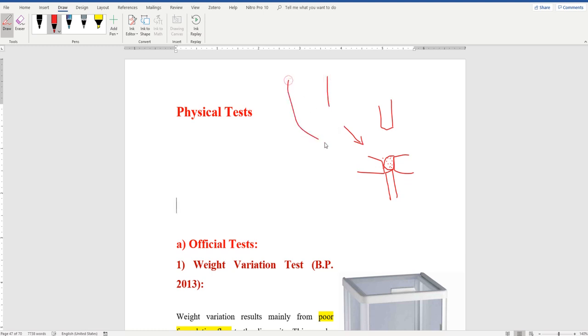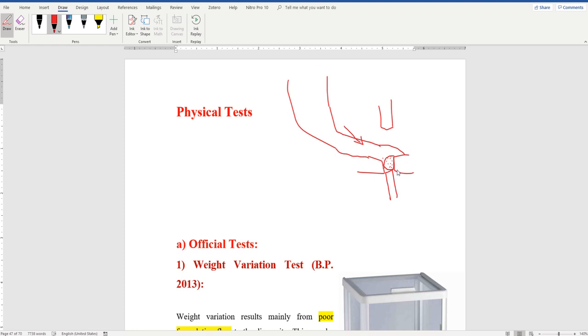Because you remember that the formulation will go from the hopper to the hopper shoe and then to the die cavity. So if at the bottom you have smaller granules and smaller granules fill this die cavity, the weight of the tablets produced from smaller granules will be different from the weight produced later on from larger granules.